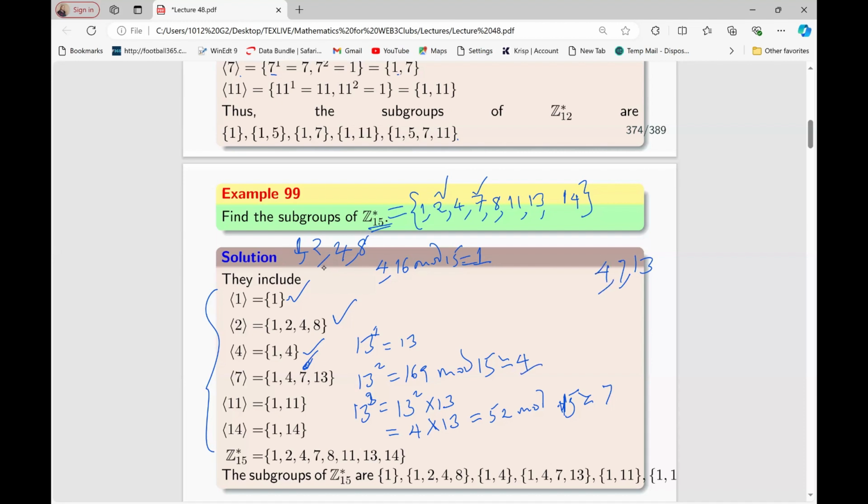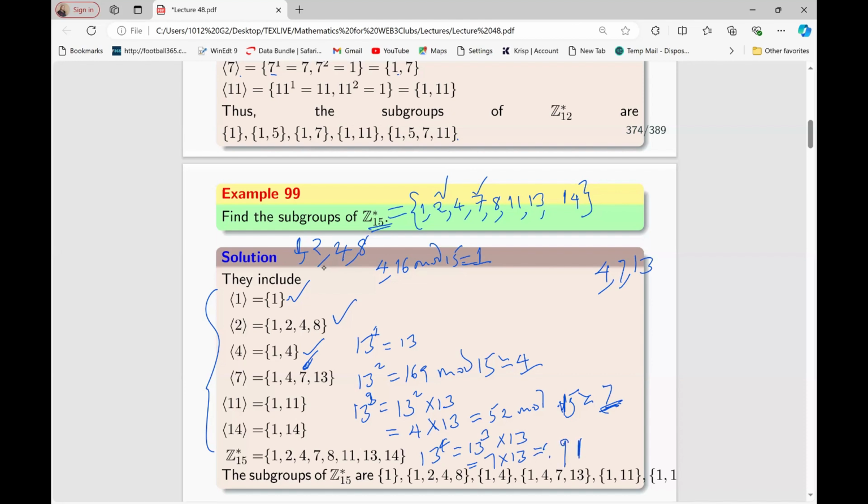Okay. Now, what about 13 four times? This will be 13 thrice times 13. But 13 thrice is what you just told me, 7. So this would be 7 times 13. This is 91. Is that okay?